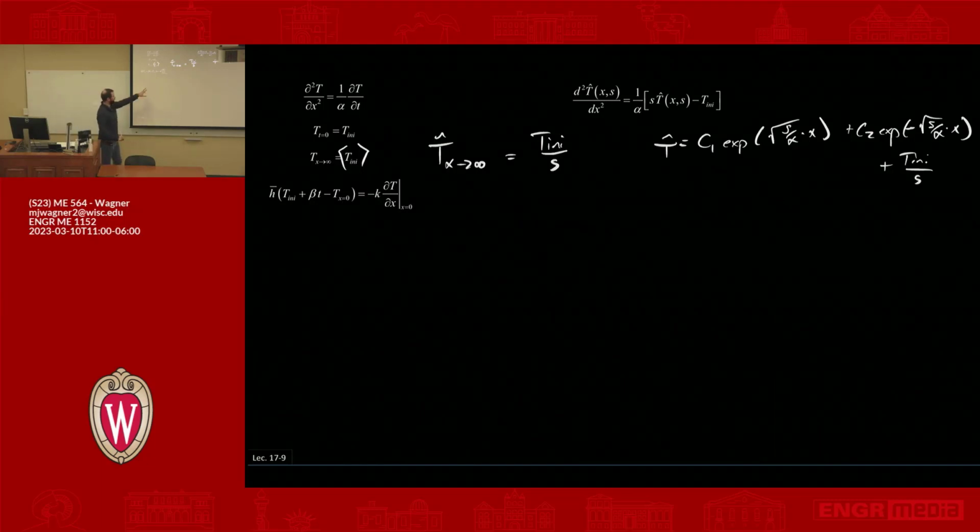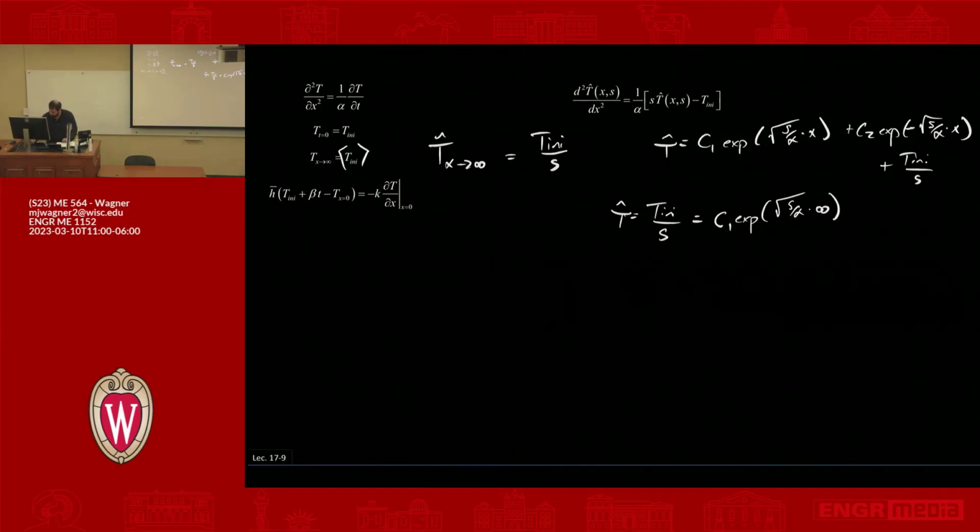All we need to do then is to enforce our boundary condition in S, plug in this relationship. So we'd be saying basically that T hat is equal to T initial over S, which is equal to C1 times exponential of square root of S over alpha times X. But X is now infinity, so we have to write infinity here.